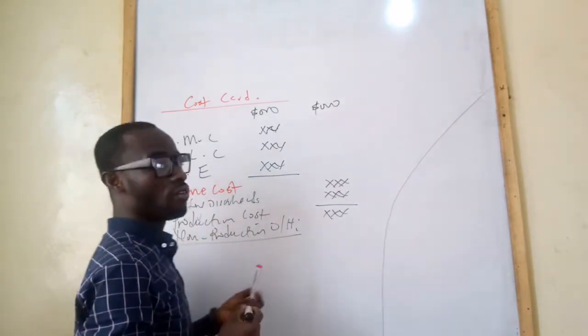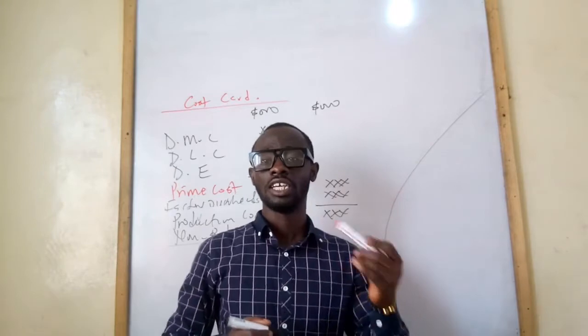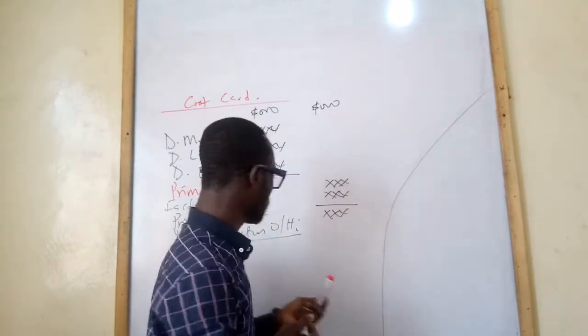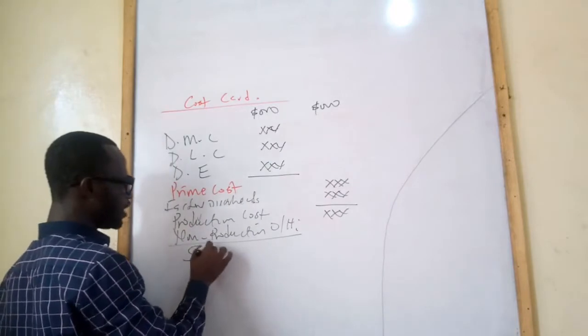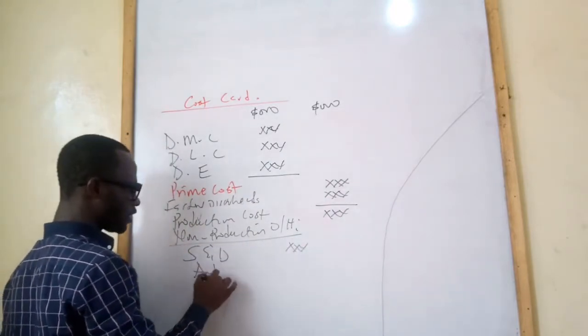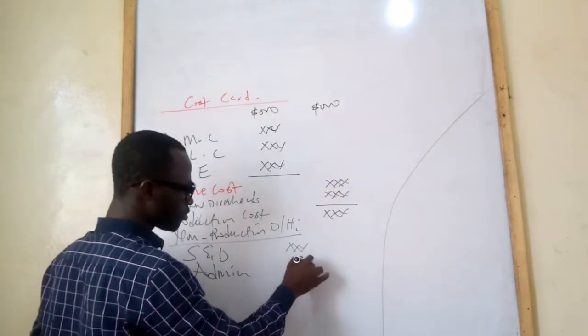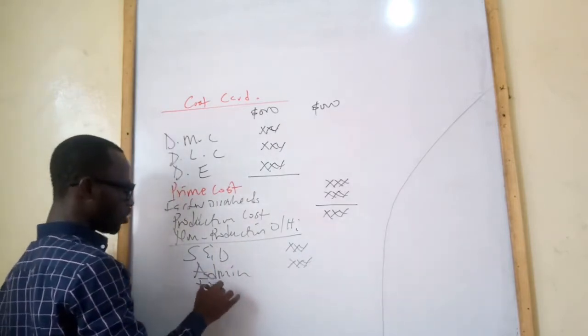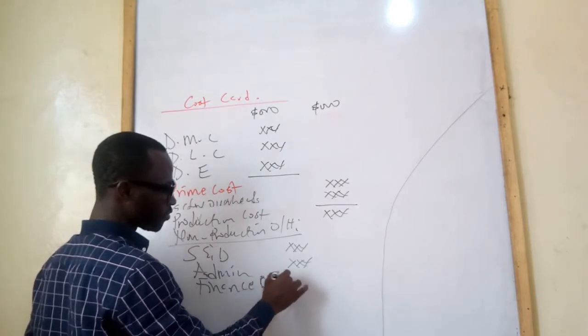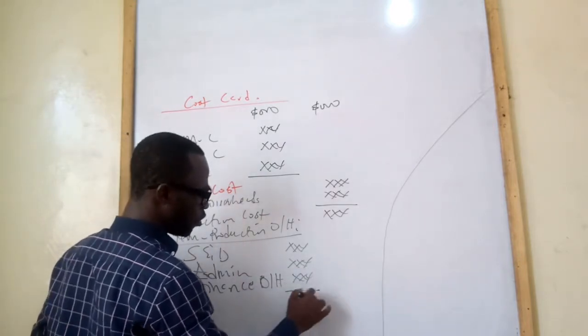Non-production overheads will include issues such as selling and distribution, administrative expenses, and finance costs. So S&D, selling and distribution, admin expenses, any finance costs that the organization incurs, or finance overheads, will be brought.